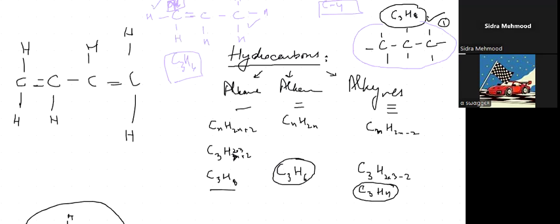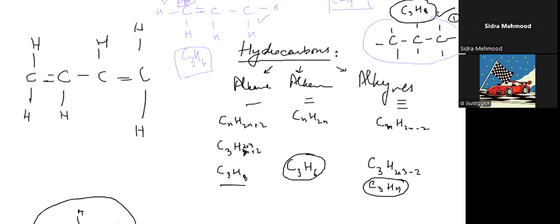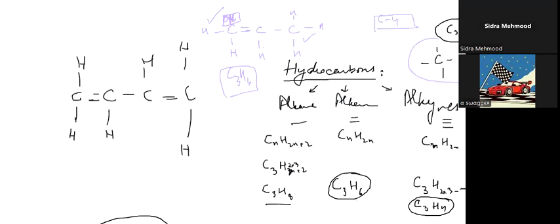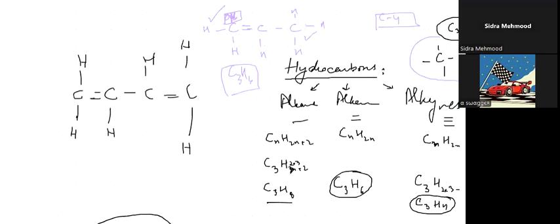Did I do it correct? I guess it should be alkyne, but you just made it alkene. That's an alkene. C4H6 is an alkene.